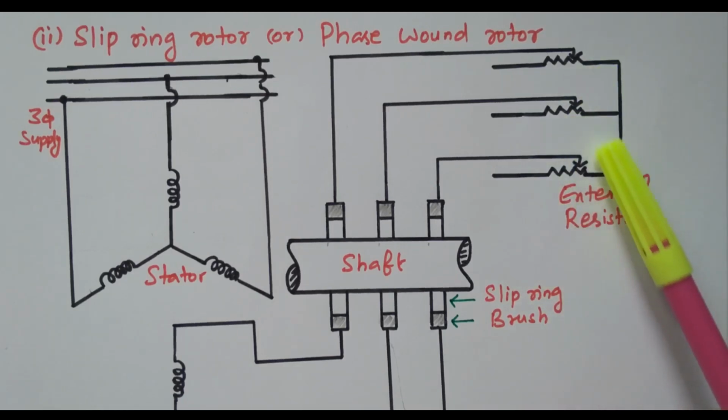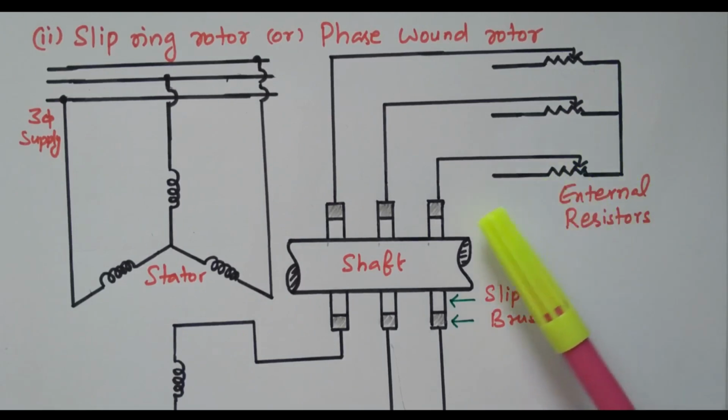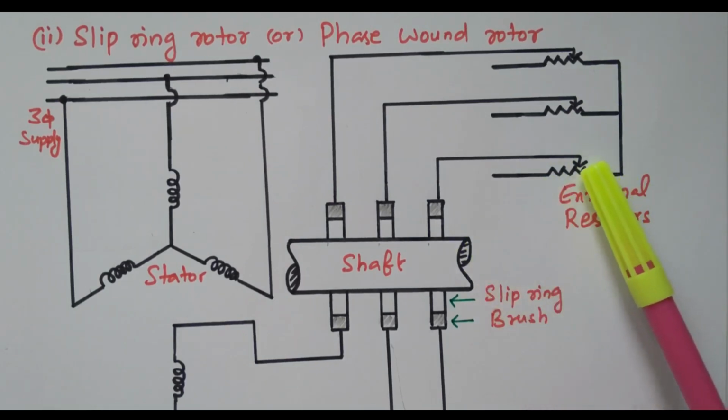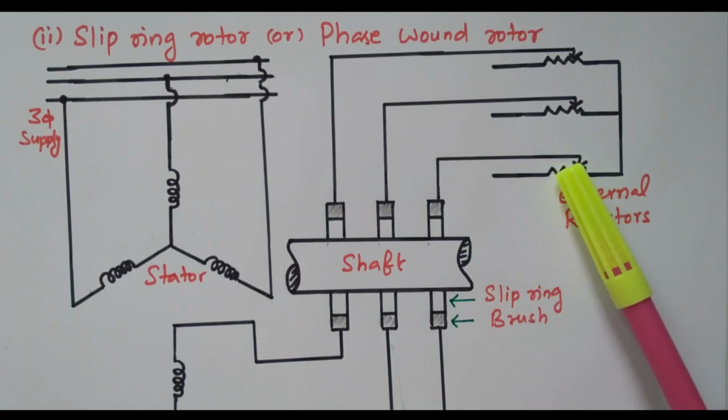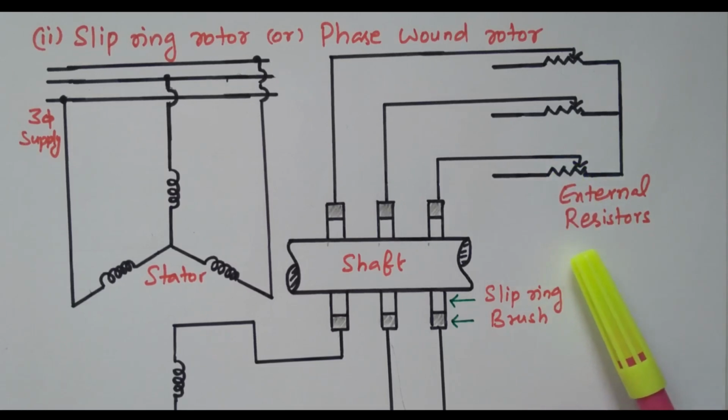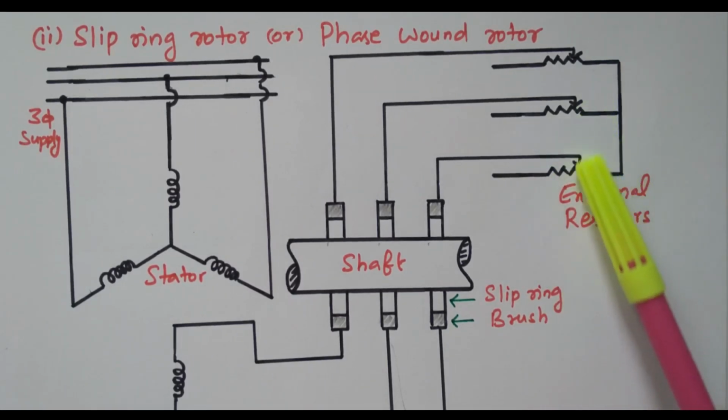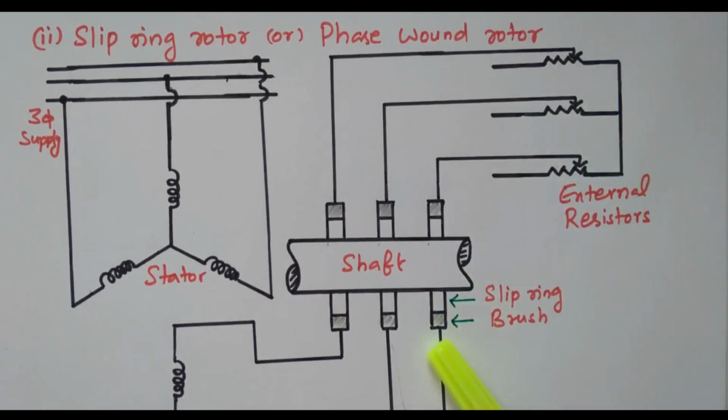Since the resistance is maximum, the current taken by the motor is very low. Thereafter we can slowly reduce the resistor so that the current increases gradually, and the voltage and speed also increase gradually. So it is possible to add external resistance in this type, the slip ring rotor or phase wound rotor.